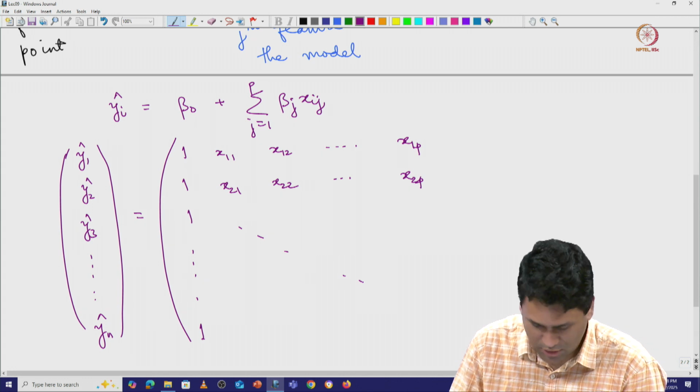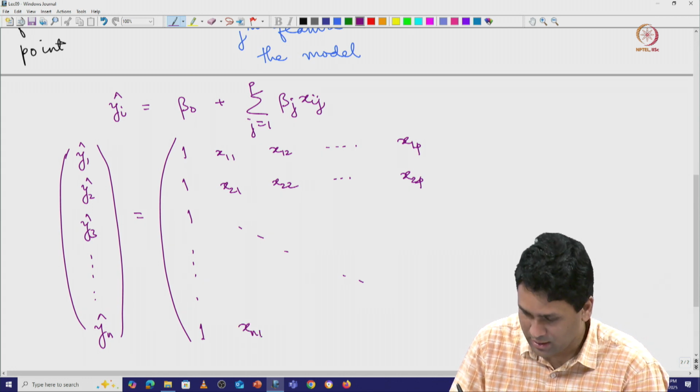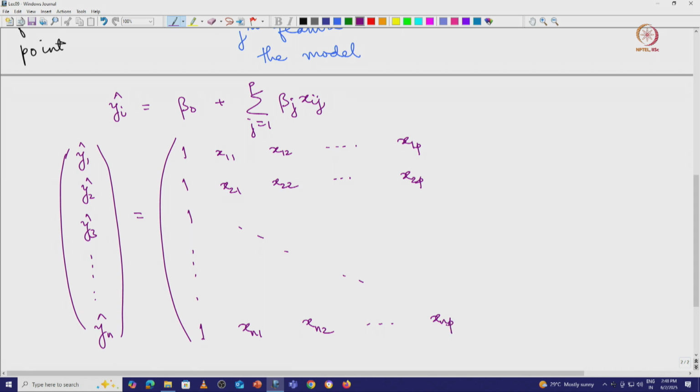You can write the last row, which is xn1, xn2 up to xnp. So, this is the matrix of data, and finally, that has to be multiplied with the vector of optimal weights. So, that is beta 1, beta 2 and so on all the way up to beta p.